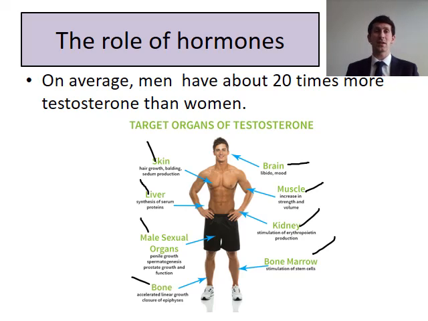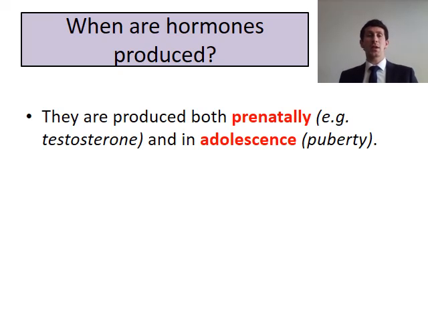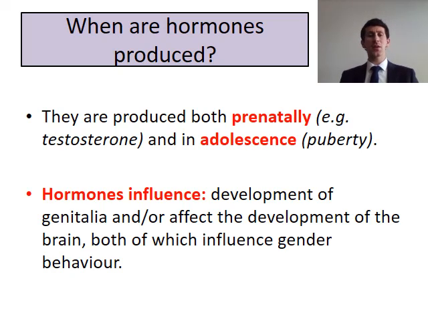And especially gender development. So the next question is, when are hormones actually produced? Well, they're produced prenatally, so while you're in the womb, and also during adolescence at puberty. Hormones influence a range of different things: the production of genitalia prenatally, and the development of your brain.